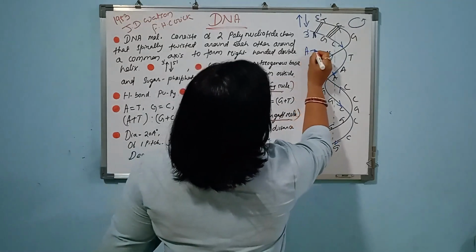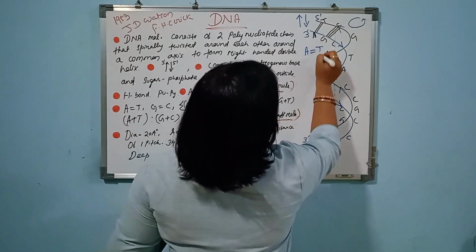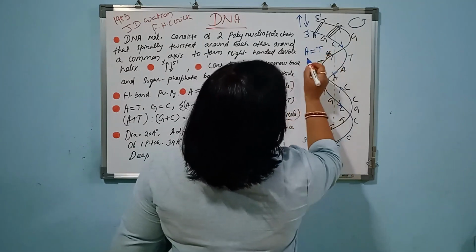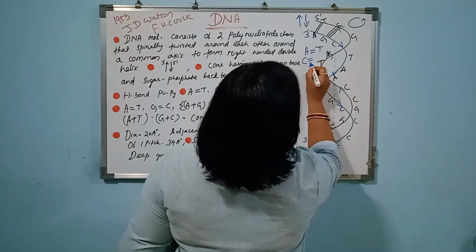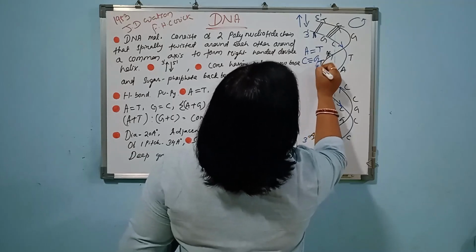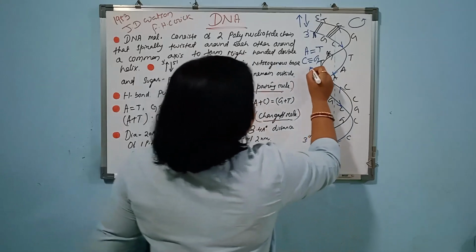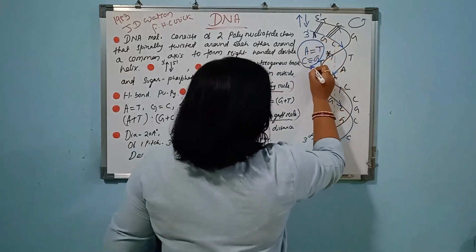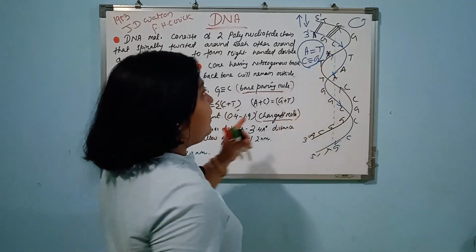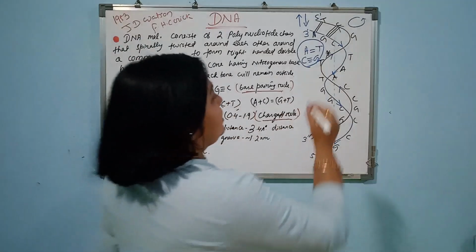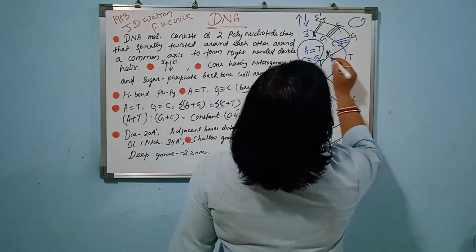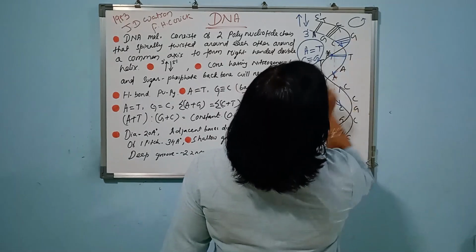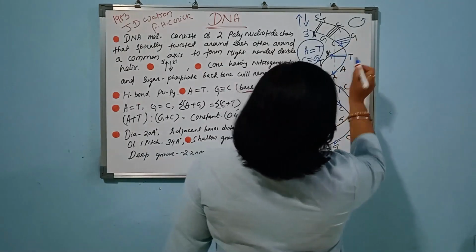A will bind by 2 hydrogen bonds with thymine, and cytosine will bind with guanine by 3 hydrogen bonds. This is the base pairing rule of DNA. So C will bind by 3 hydrogen bonds with G, A will bind by 2 hydrogen bonds with T.